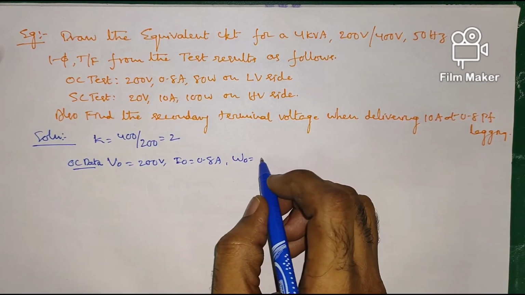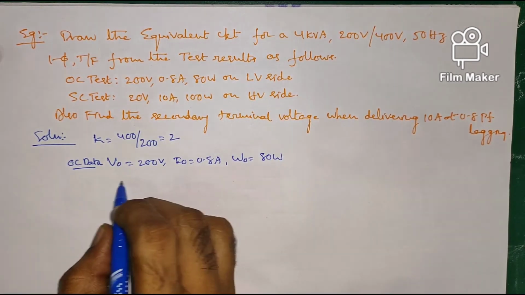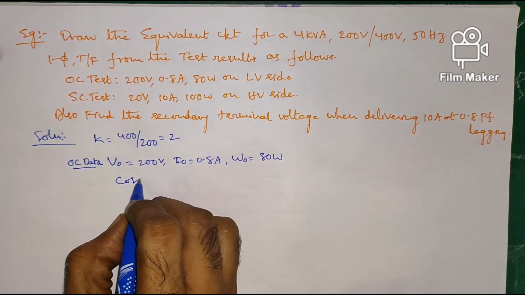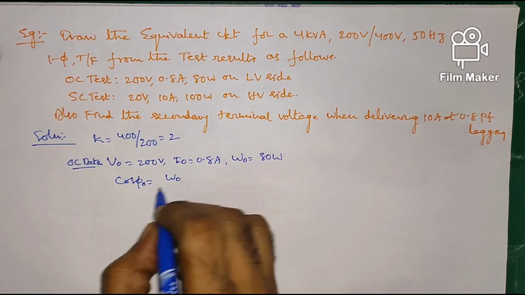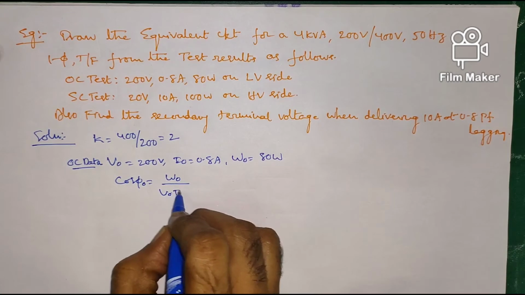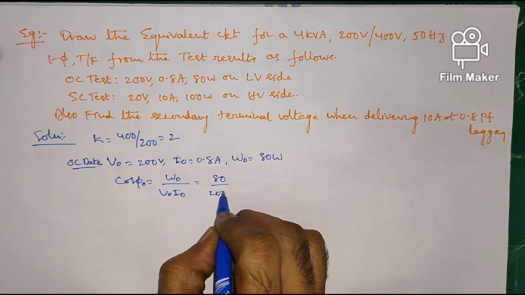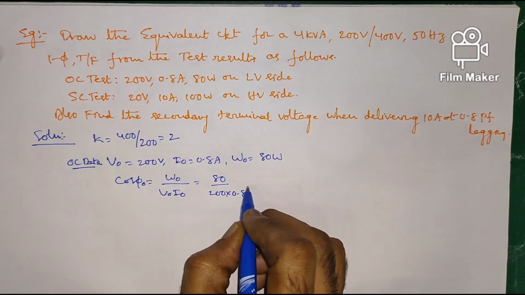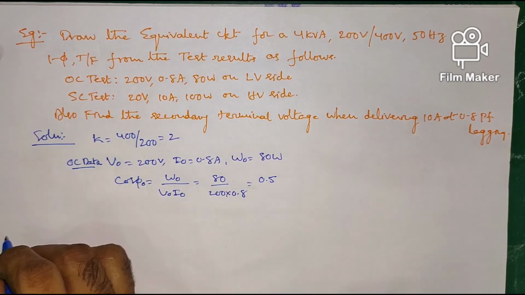The no load loss W0 is given as 80 watts. From this we can find out the value of cos phi naught. Cos phi naught is equal to W0 by V0 into I0, that is equal to 80 by 200 into 0.8. This gives rise to a value of 0.5.